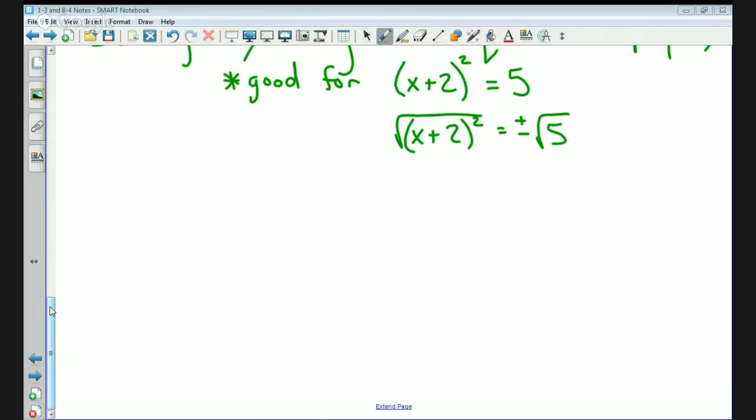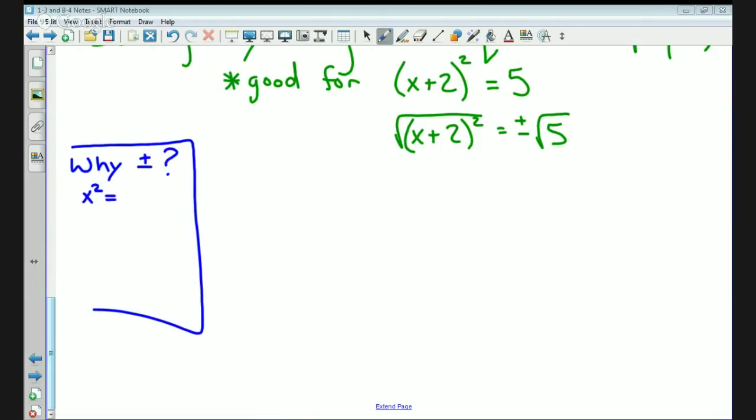Why? Take this. If you have x squared equals 4, and you're solving for the x in this case, you take the square root of the left side, and you do the square root of the right side, and say, okay, well, the square and the square root will undo each other, and you're left with x. And on the right side, by definition, the square root of 4 is just 2.